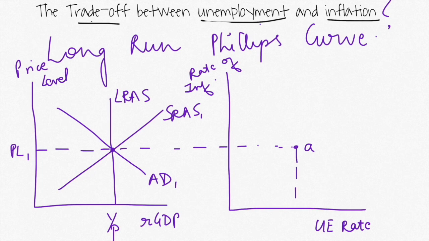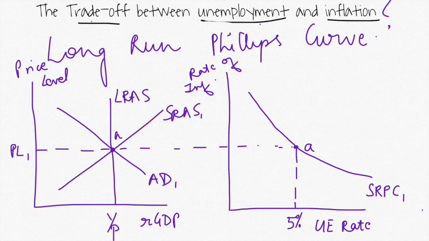So let me just take a dotted line and write down over here 5%, okay, which shows us point A. I'm going to mark the same point A over here. So point A, 5% NRU on the ADAS diagram corresponds to the 5% unemployment rate on our short run Phillips curve. So I can draw one short run Phillips curve because of this point A, and I'll call it SRPC1.